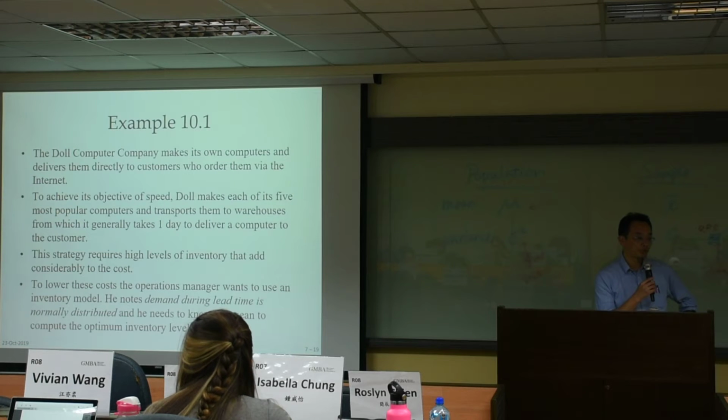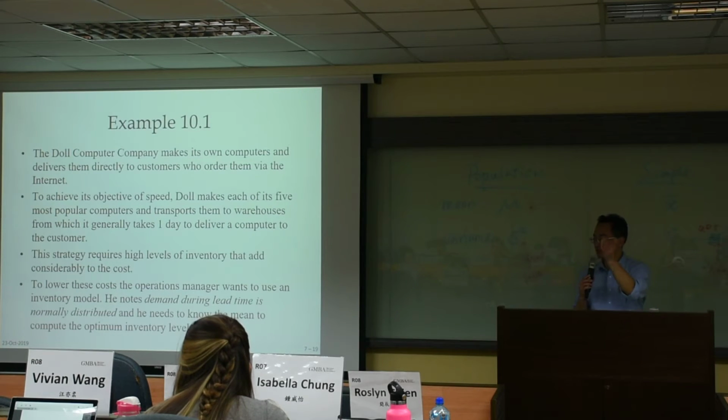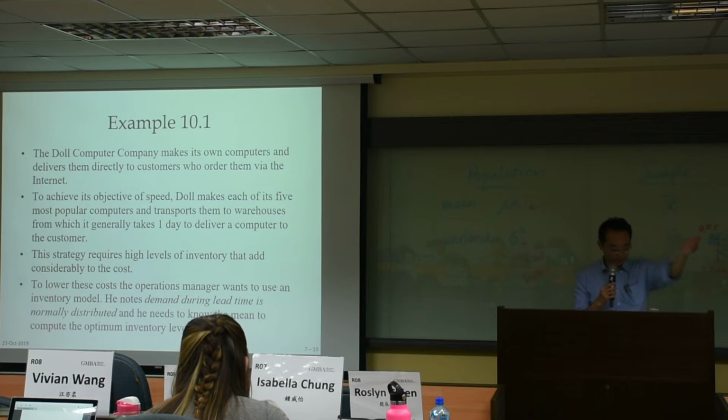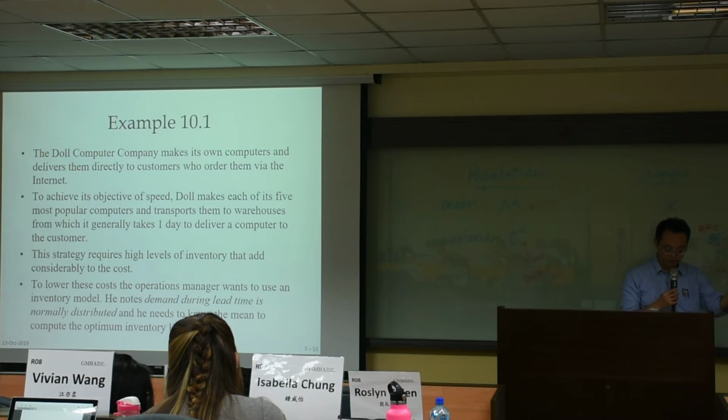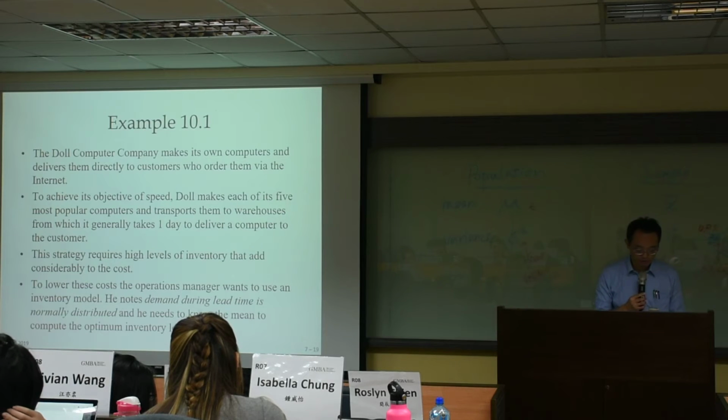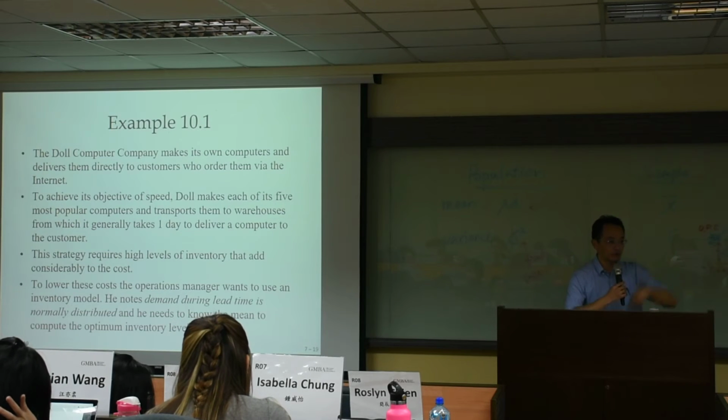In operations it's called make to stock. They make in advance and ship them to the warehouse closer to the customer. Such a strategy requires high levels of inventory and adds considerably to the cost. You have to manufacture in advance.